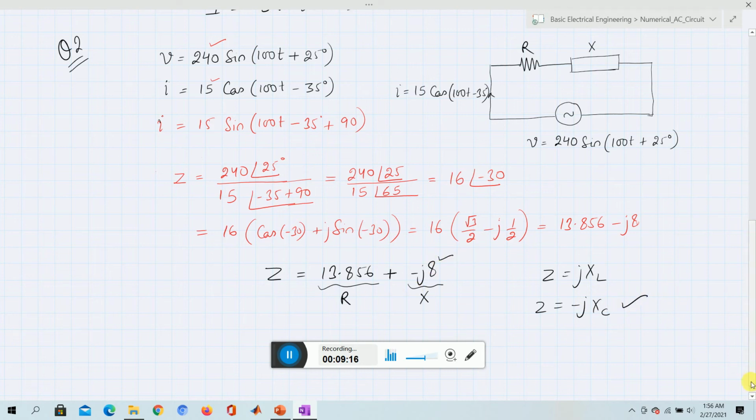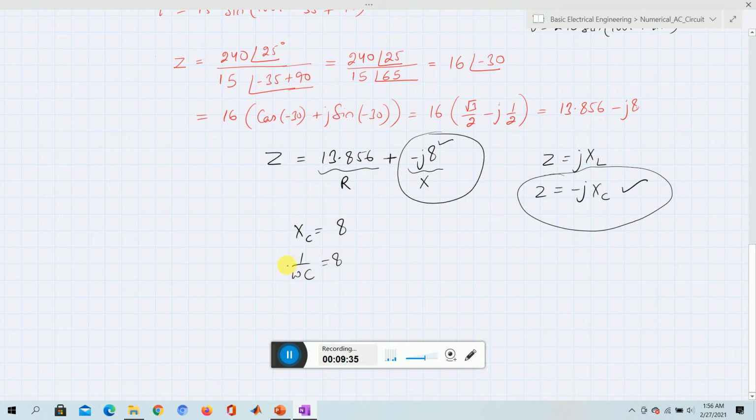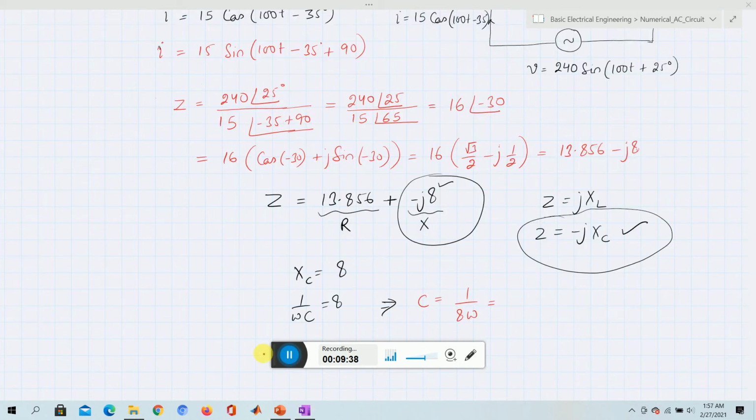So what we can do is write down XC equals 8 here, comparing this statement and this statement. So the value of XC is 8. So what is XC? 1 by omega C is equal to 8. So from here we can evaluate C is equal to 1 by 8 into omega. What is this omega term?